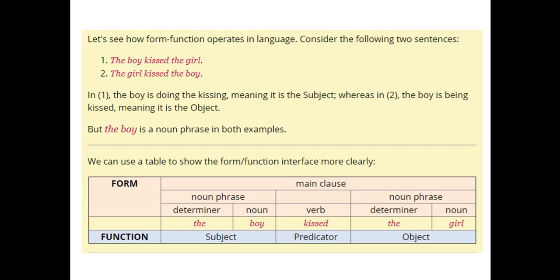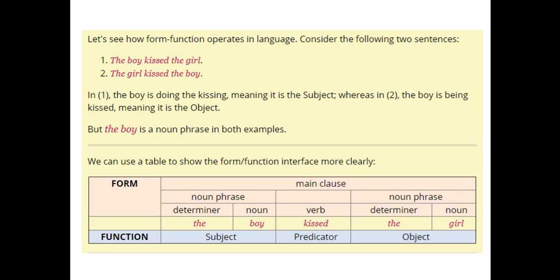We can use a table to show the form and function interface more clearly. So, look at the table. Form: the main clause, the boy kissed the girl, and we divide it into two phrases, noun phrase, the boy and the girl.